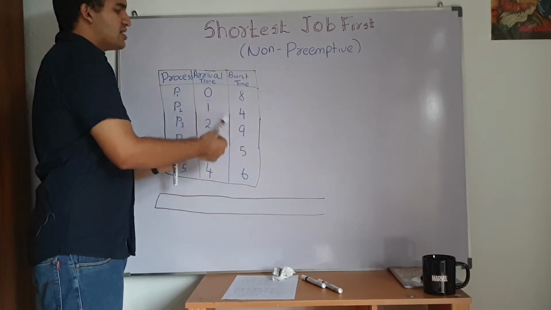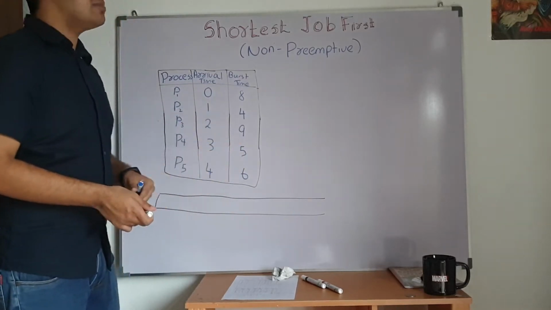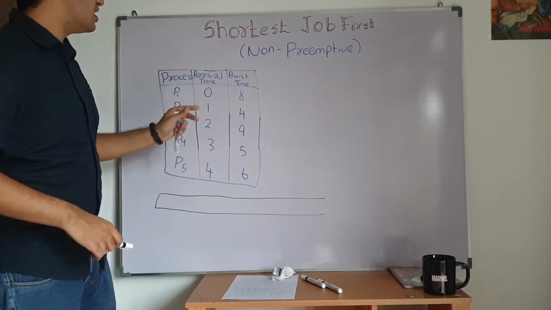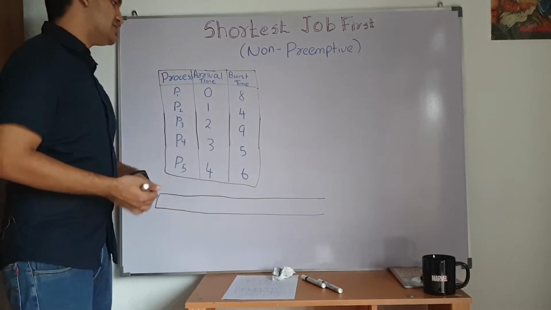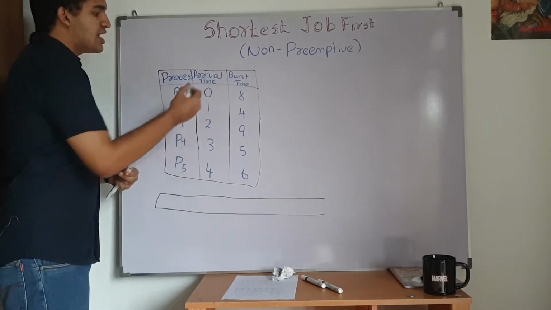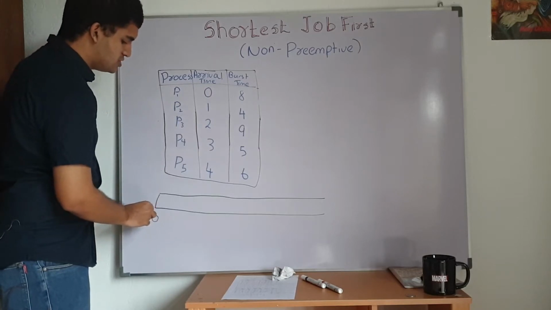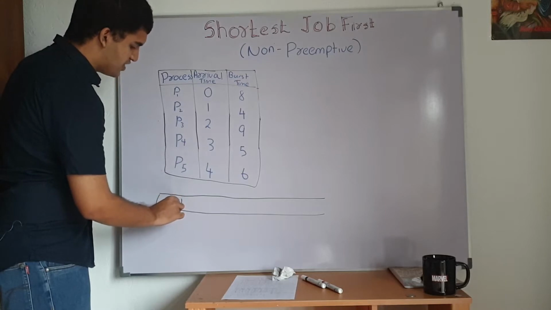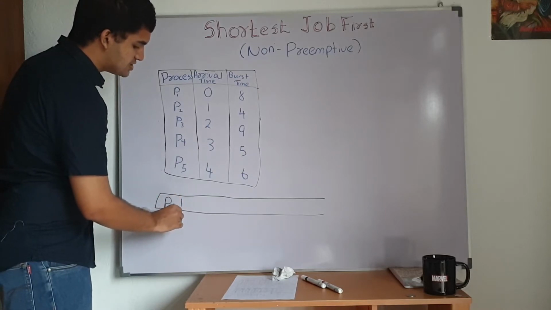You tend to take arrival time, then burst time, arrival time, burst time, but no. Shortest job first is considered in a way like this. First of all, you consider process 1, which comes at time 0. P1 is going to be 8.